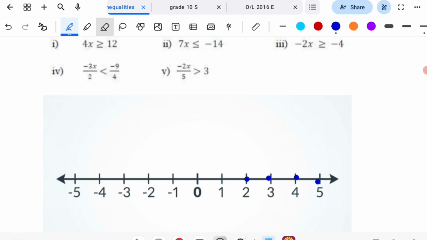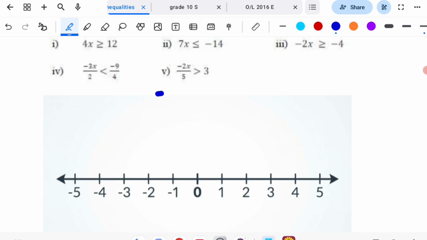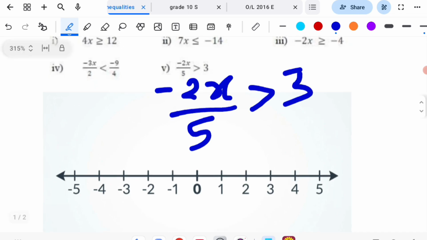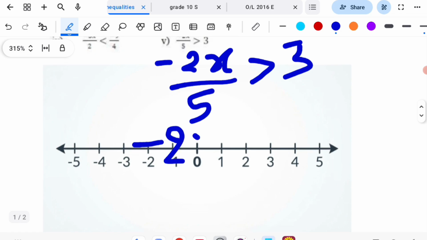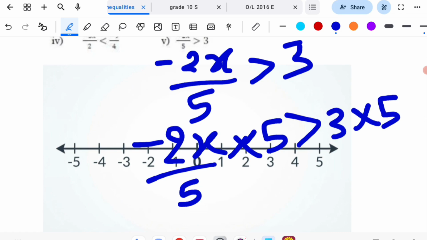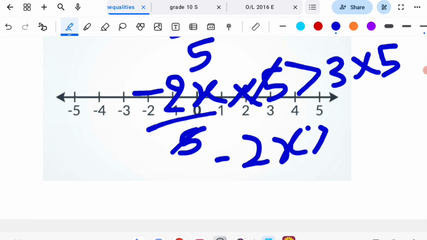Then part 5, minus 2x over 5 greater than 3. Minus 2x over 5 multiplied by 5 greater than 3 multiplied by 5. Then minus 2x greater than 3 into 5, 15.